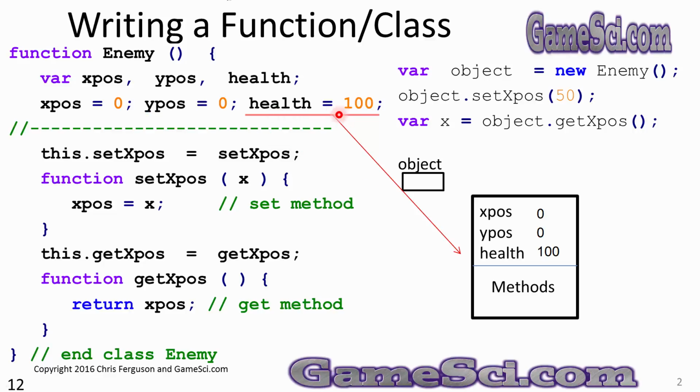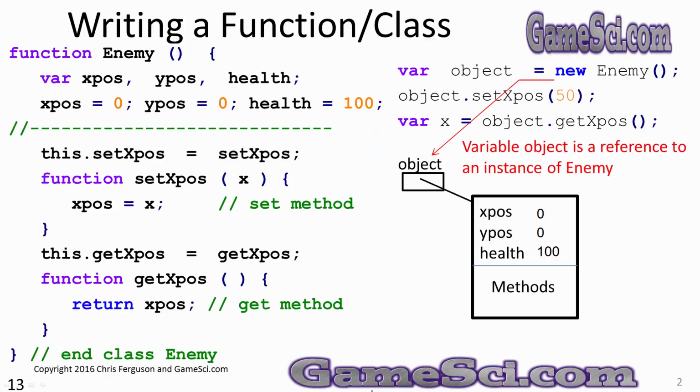And health equals 100. Assigning 100 to the variable health inside the object. Notice how this code is inside the class enemy. It's initializing the variables of class enemy. Once we've initialized the variables, the construction code is done and it will return back to the calling program.